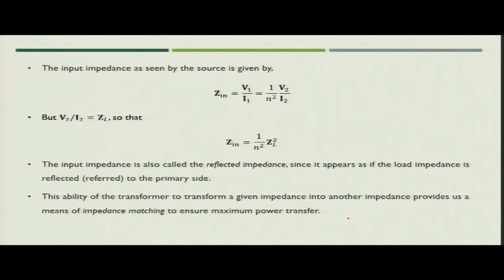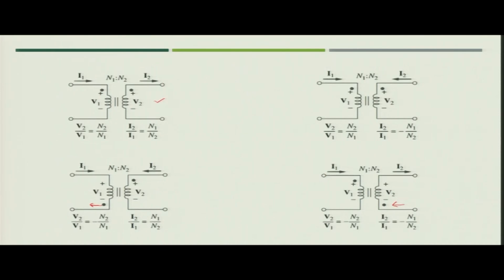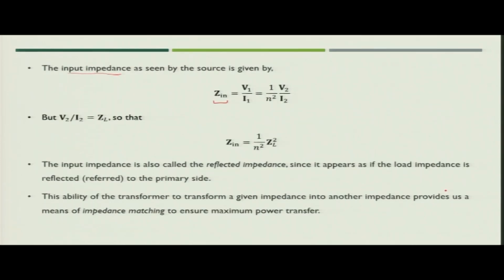Now, the input impedance, if you see from the primary side, that is Z in, will be nothing but V1 upon I1, or you can convert it in terms of V2 and I2, this will become 1 by N square V2 by I2. Now, if you connect a load at the secondary side, say ZL, what will happen in that case?